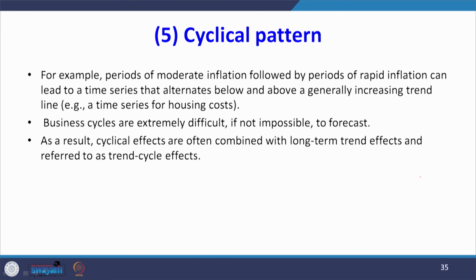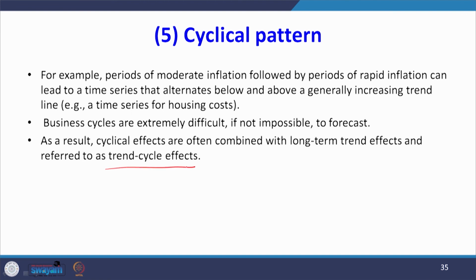For example, the time series for housing cost. Sometimes housing cost may be higher for 2-3 years, after some time the real estate cost may go down. So, business cycles are extremely difficult if not impossible to forecast, because the duration is more than 1 year. As a result, cyclic effects are often combined with the long term trend effect and referred to as trend cycle effect.